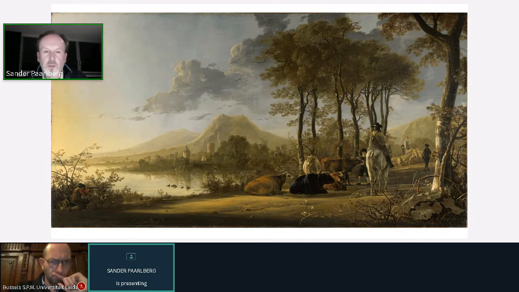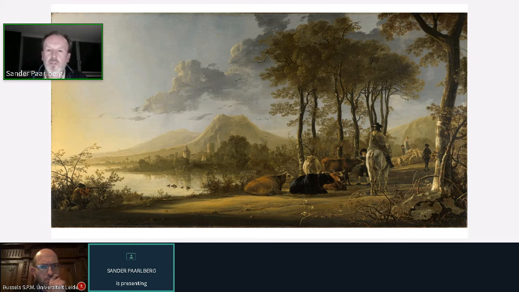If we look at one of the most famous paintings by Aelbert Cuyp, this late landscape, the so-called Bude Cuyp, that was acquired by the National Gallery, I think in 1988, for an enormous sum. And this is a landscape which, according to many, was almost like the start of the so-called Cuyp craze in England.